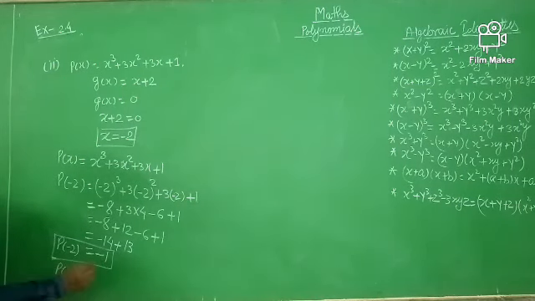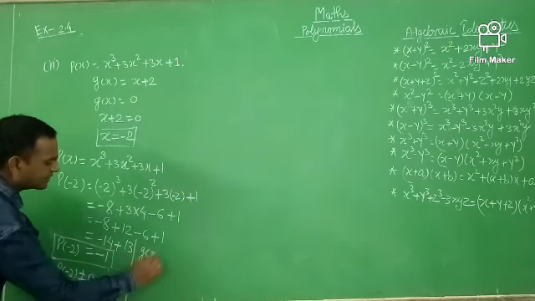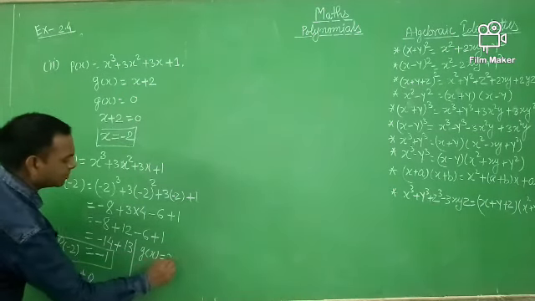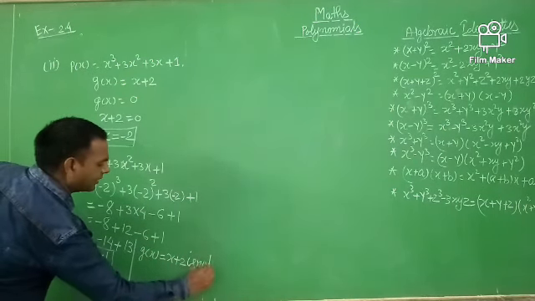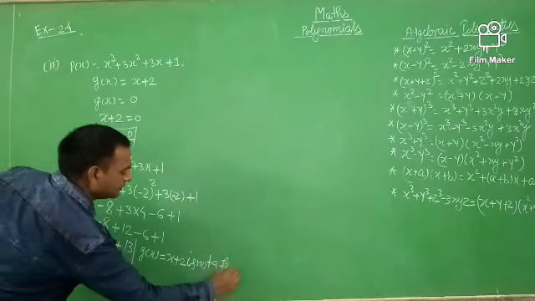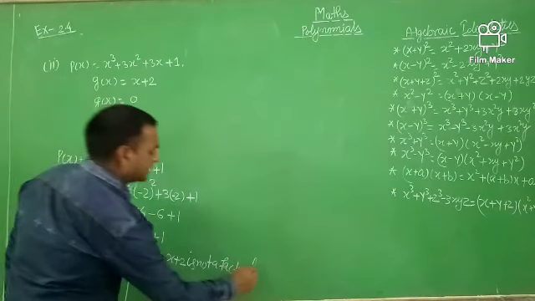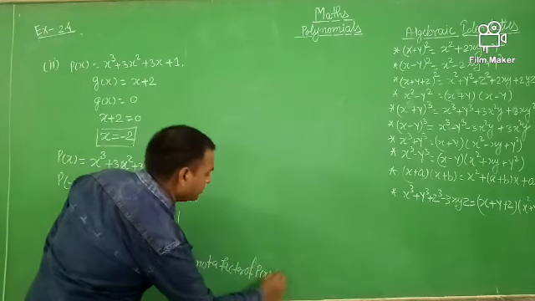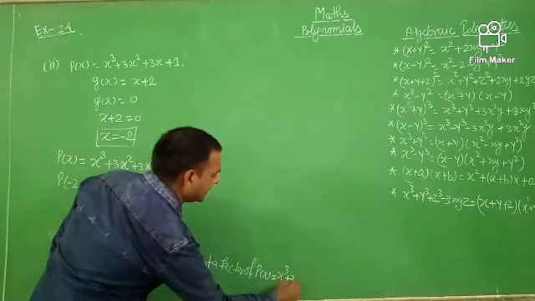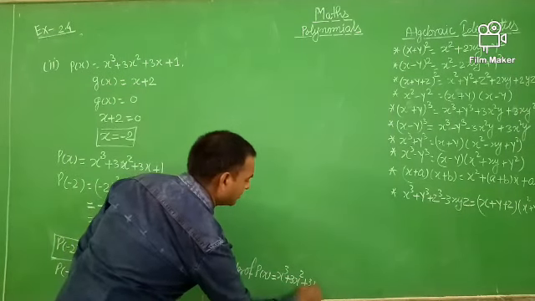So you can say g(x), which is x plus 2, is not a factor of p(x), which is x cube plus 3x square plus 3x plus 1.